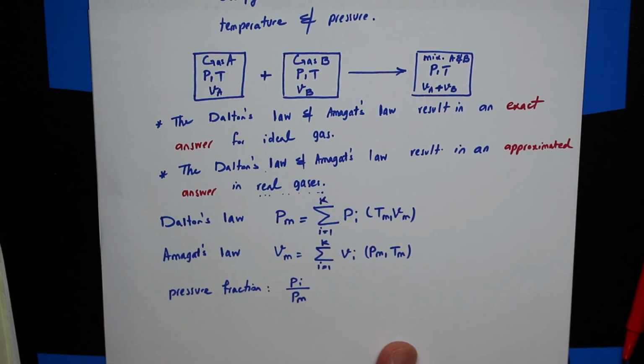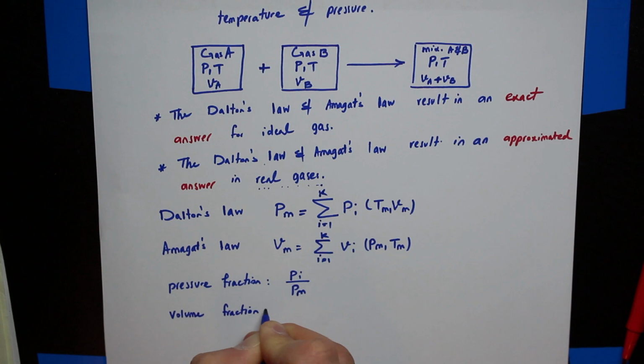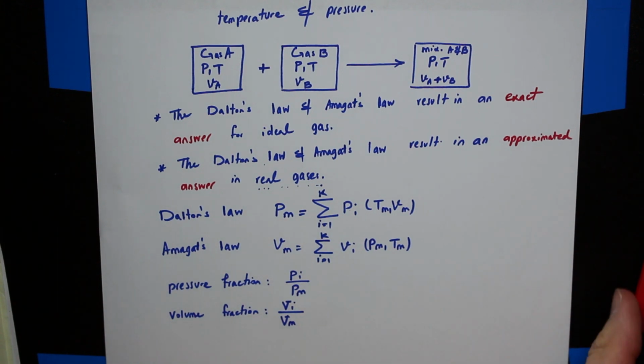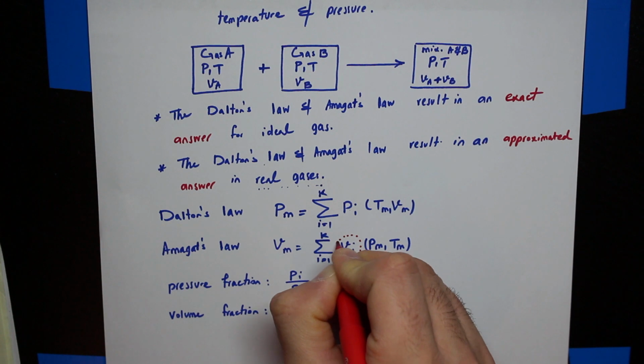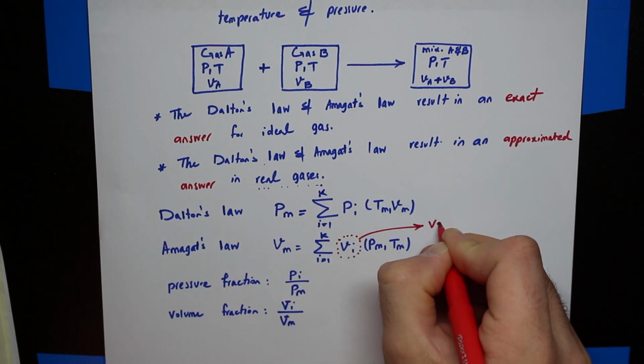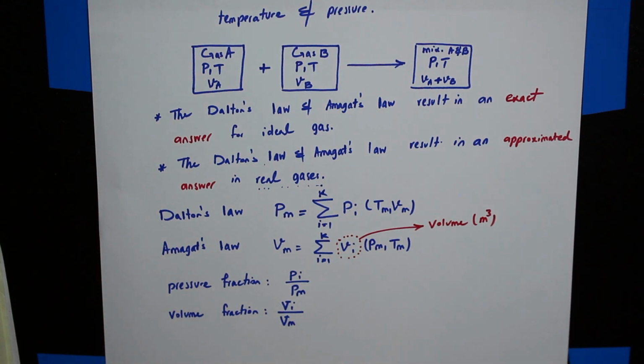Likewise, we can have the volume fraction, which is the volume of component i to the volume of the mixture. Let me make it clear that this is not the specific volume. This is in fact volume, meter cube, for instance.